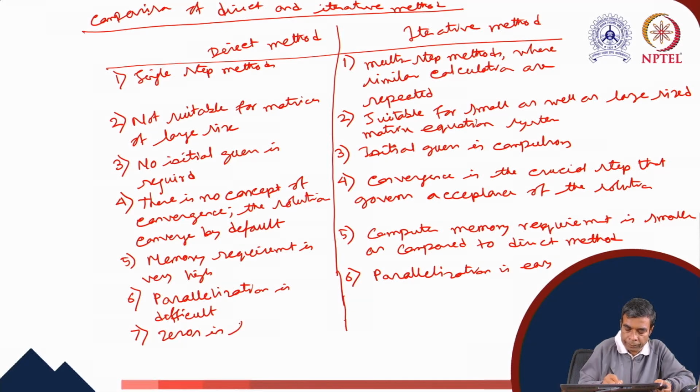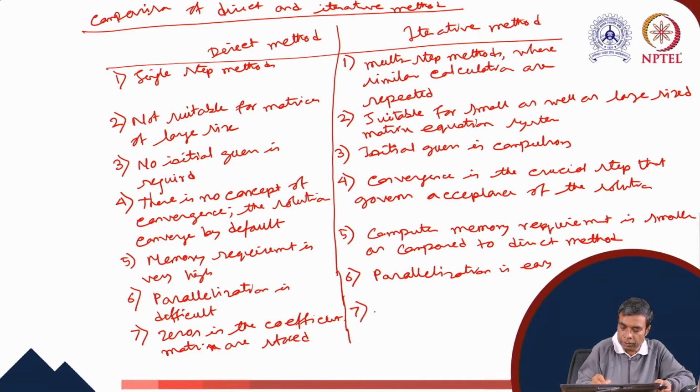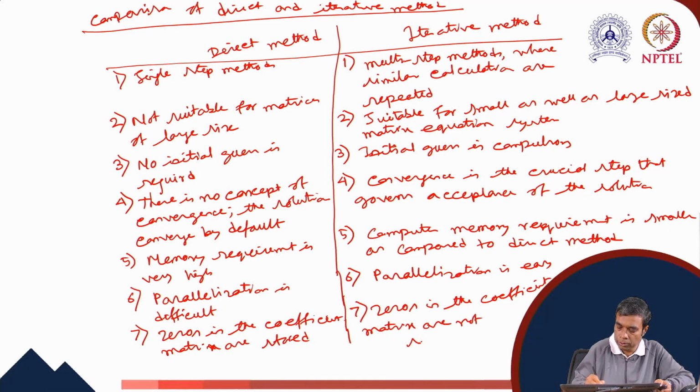Zeros in the coefficient matrix are stored. In iterative method, zeros in the coefficient matrix are not stored.